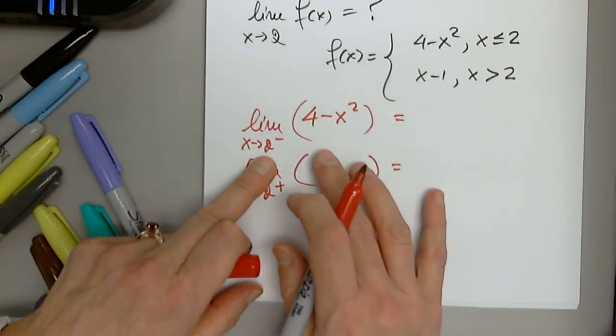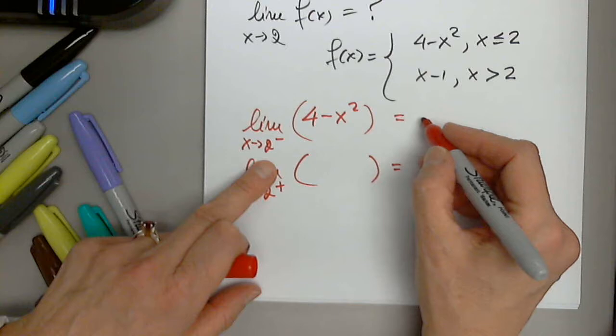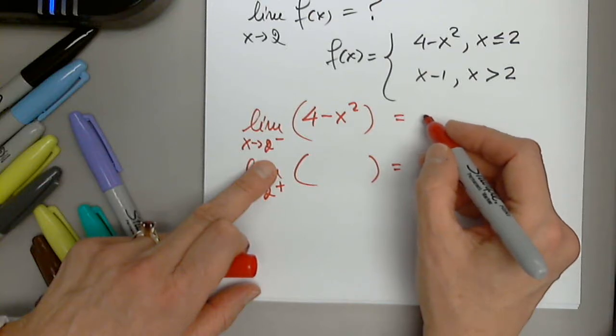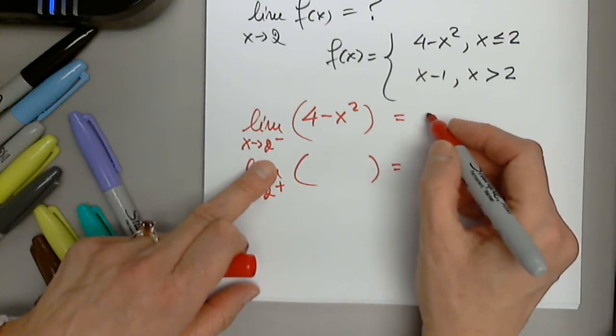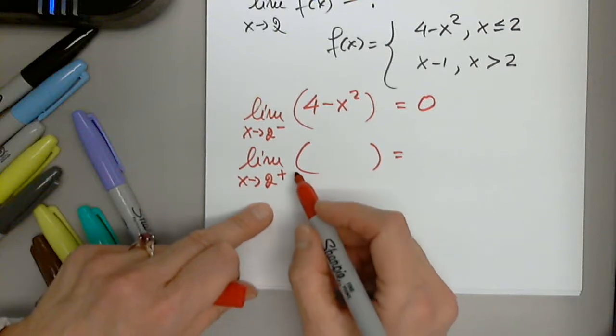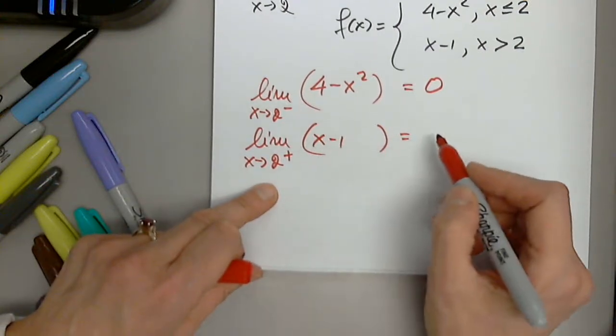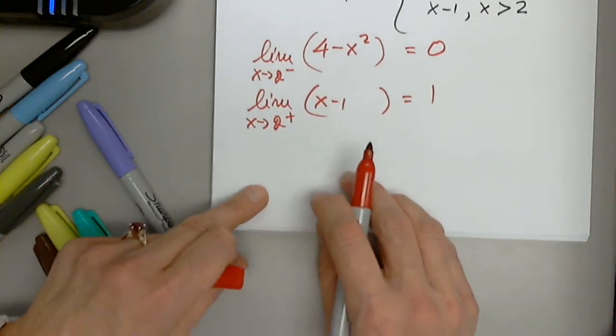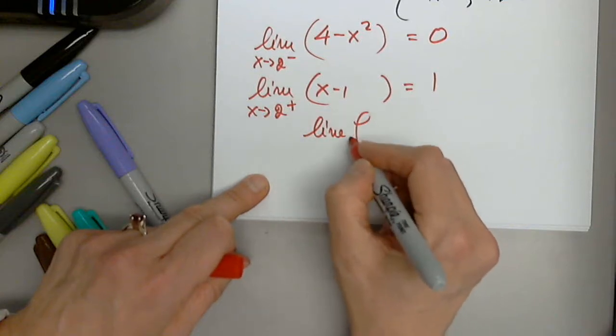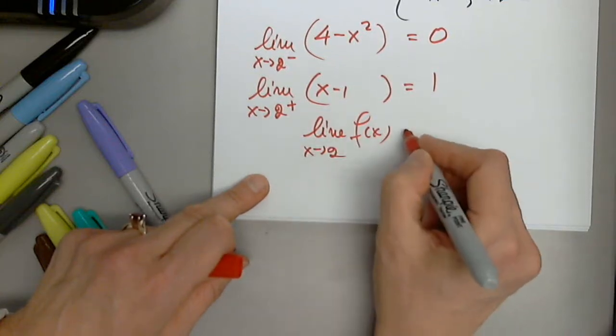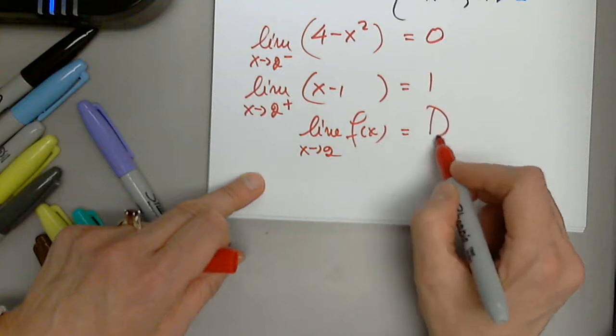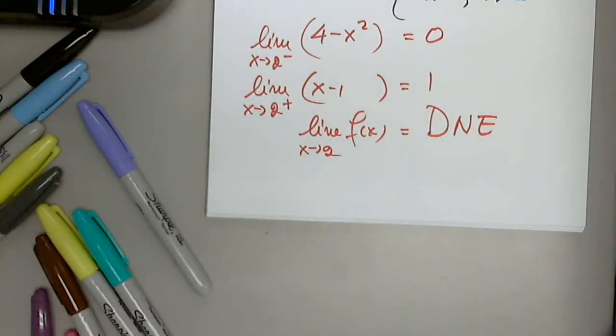Very good. This is a polynomial. No headache whatsoever. The answer. Very good, Chris. Thank you. And 2 from the right. So what do I conclude about the limit of f of x as x approaches 2 from either side? Excellent. Very good. Well done.